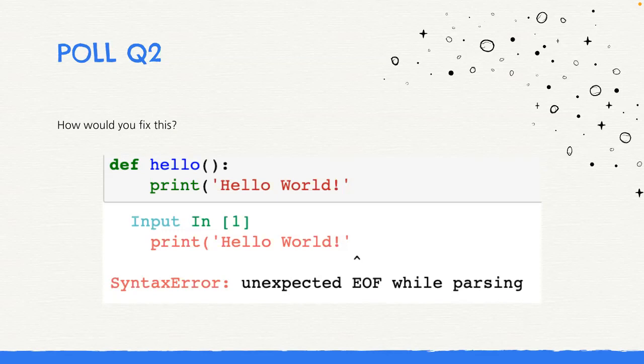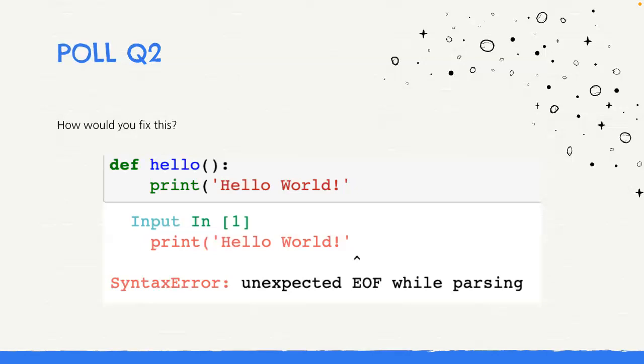And a note: if you have multiple lines and the syntax error is on this line, sometimes it'll tell you it's on the following line. So just keep that in mind, and always check the lines surrounding the one it reports, because sometimes it'll point to the following line.